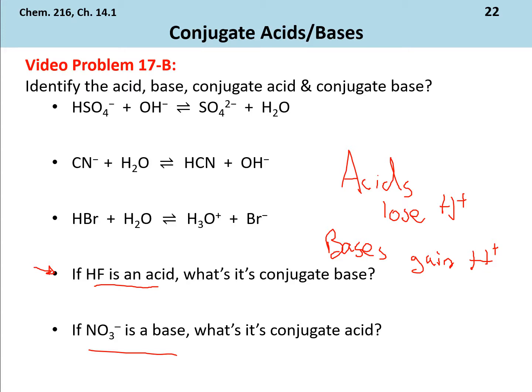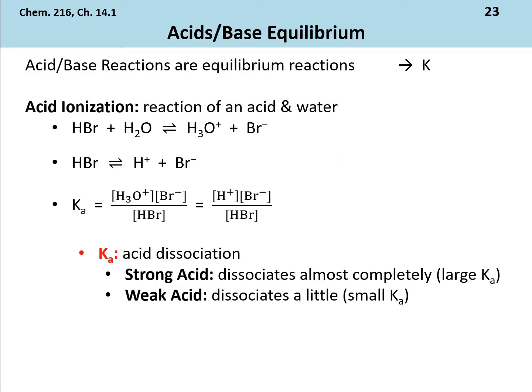Now let's look at these equilibrium equations a little bit better. We can look at an acid such as HBr. HBr is going to lose an H+ to become Br-. We can write this in two ways.